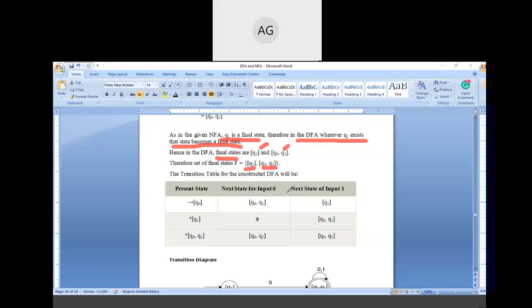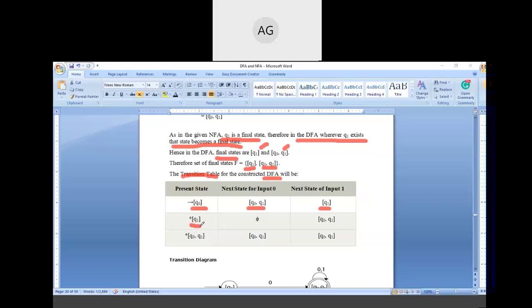So now we can write these entries into the transition table of the DFA. The initial state of the NFA is the initial state of the DFA, according to step number 2. On input 0 we get Q0 Q1, and on input 1 we get Q1.